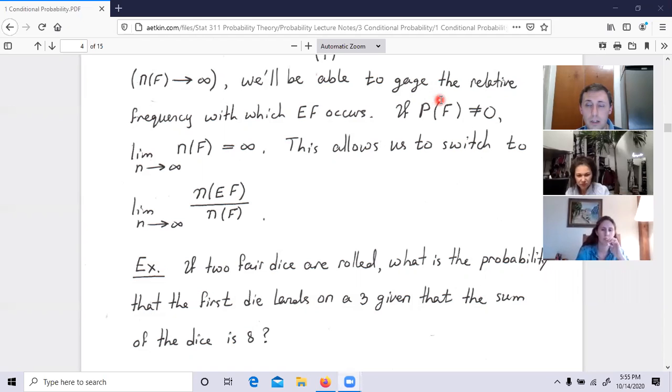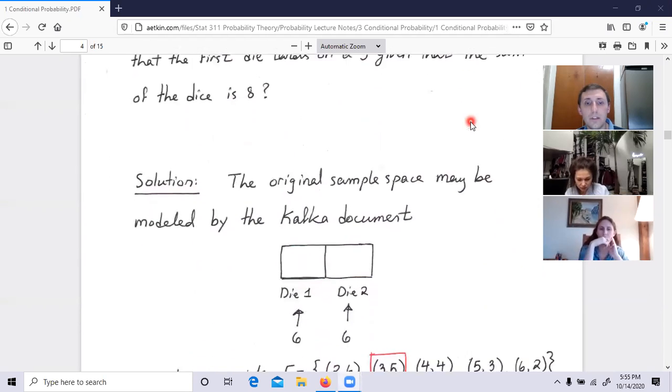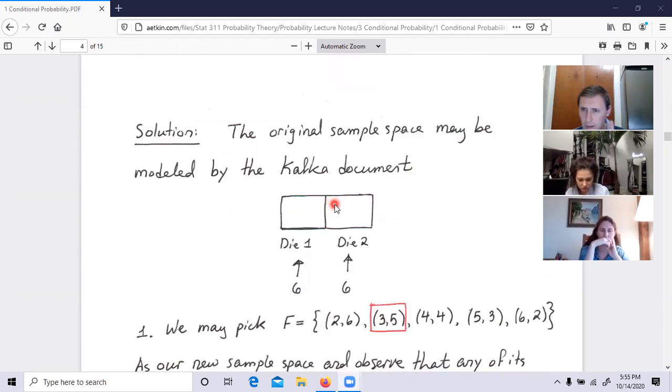All right. How about we look through it? Yes, let's solve it together. So the original sample space, again, there is still this question that might bother you at the back of your head: why is this the original sample space? When you throw a pair of dice, it's not happening in a vacuum, right? There are other things involved. But let's for now ignore the difficulty and say the sample space is as we used to have it, die one outcome, die two outcome, right?